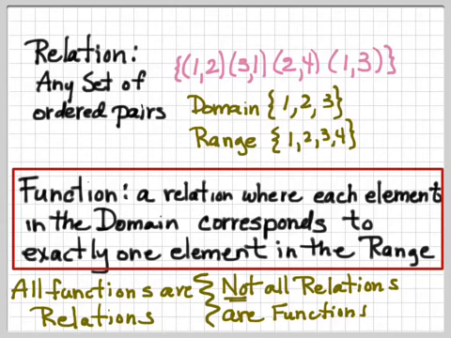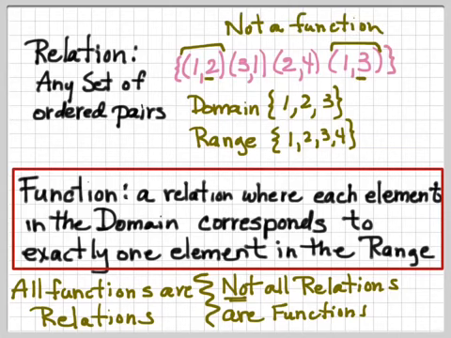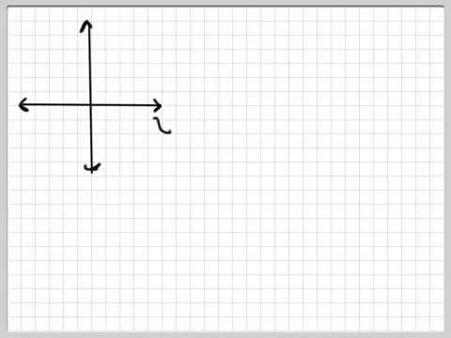For example, go back to our example up here in the pink. We have 2 points that have the same x coordinate but different y coordinates. So that means the domain does not correspond to exactly one element in the range. One corresponds to 2 and one corresponds to 3. So that is not a function. It's just a relation. Everything's a relation, but only special cases of relations are functions.